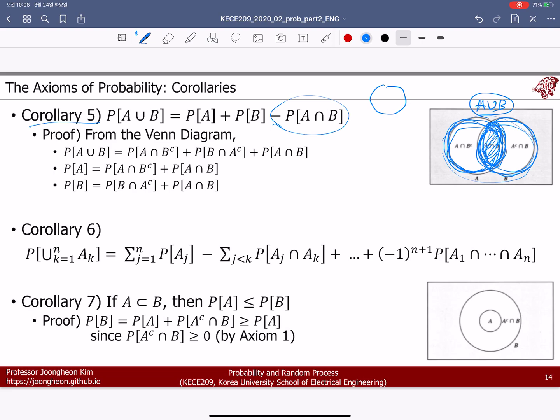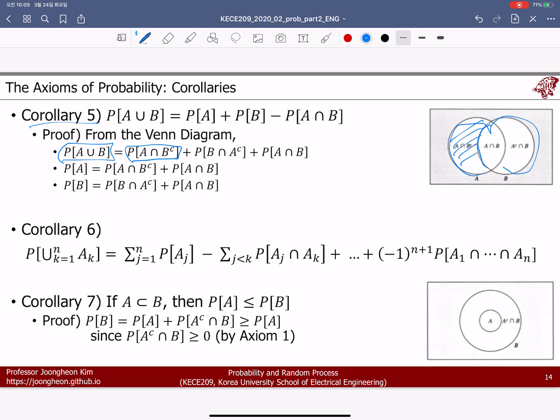However, you can also say that the entire set A union B is the summation of A intersection B complement, this one, and then B intersection A complement. That's why this space. This is A intersection B. That's why this space. Then this is A union B. And A means this one, that's why this one plus this one.